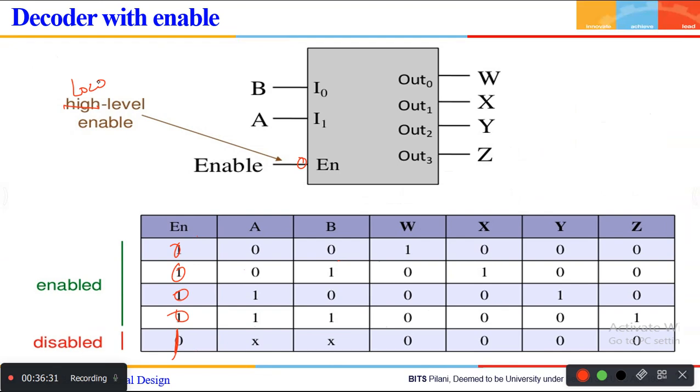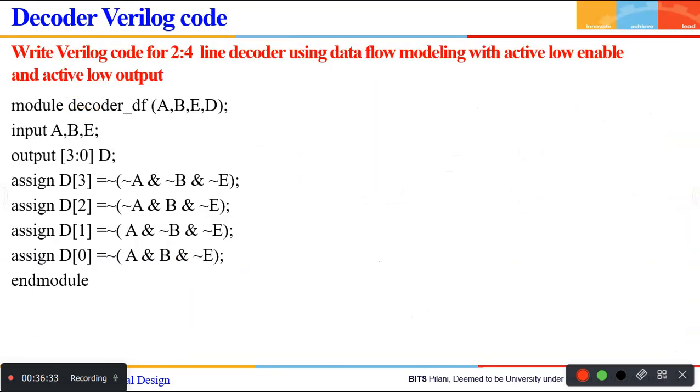Have you understood this? Okay? There's nothing special in this. Can you look at this? What is this actually? Tell me. A program. What is the model? Data flow model of a 2 to 4 line decoder. But what is extra included here? Enable.